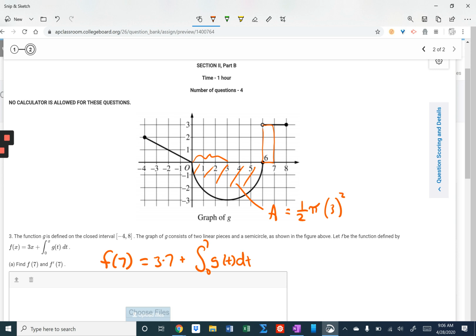So we get 9 pi over 2, and so f of 7 is going to be 21 plus negative 9 pi over 2 plus 3. So this is going to be 24 minus 9 pi over 2. And that's going to be f of 7.